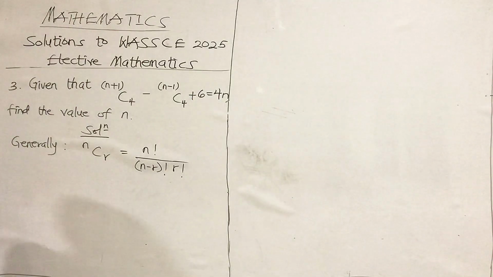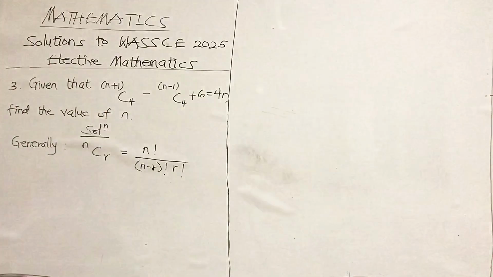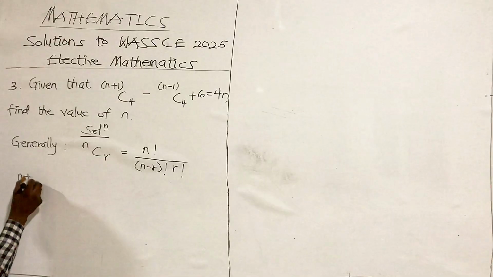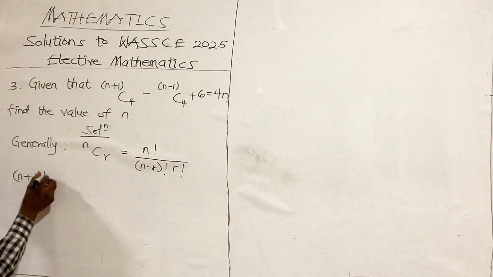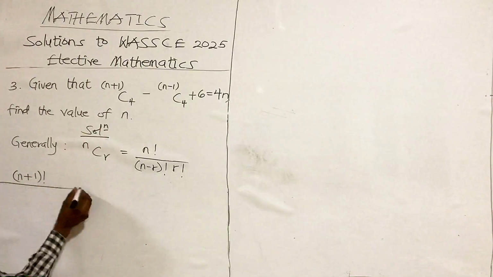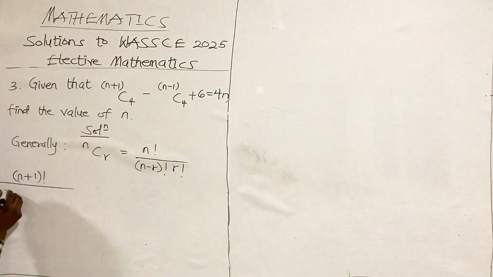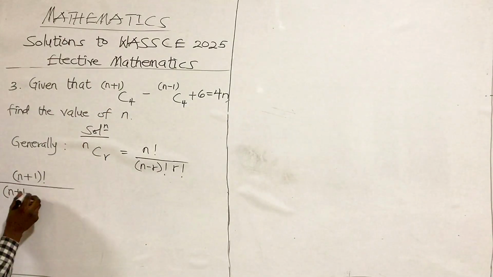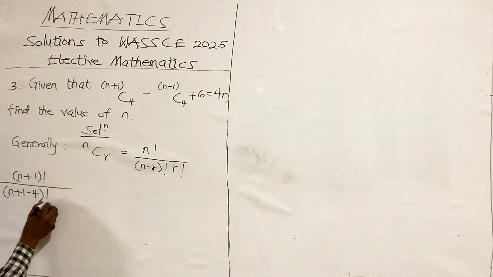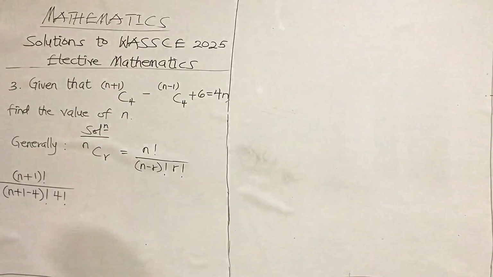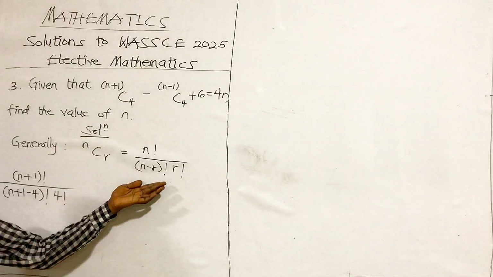So this is the general formula when it comes to combination. So from here, we are going to get n plus 1 factorial all over n plus 1 minus 4 factorial, then 4 factorial, just like the general form.